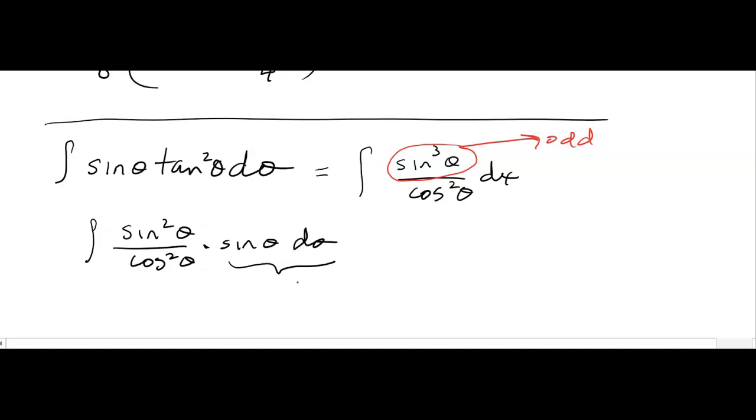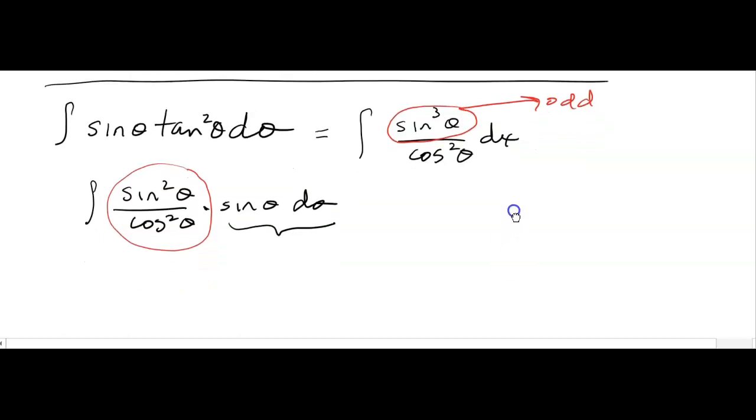Well, let's think about that, because the idea is, if I can make all of this be cosines, I can let u be cosine and I have a du. Then I can do u substitution.